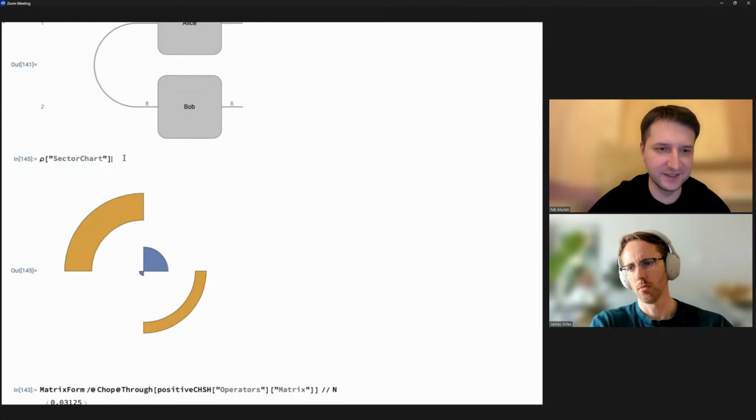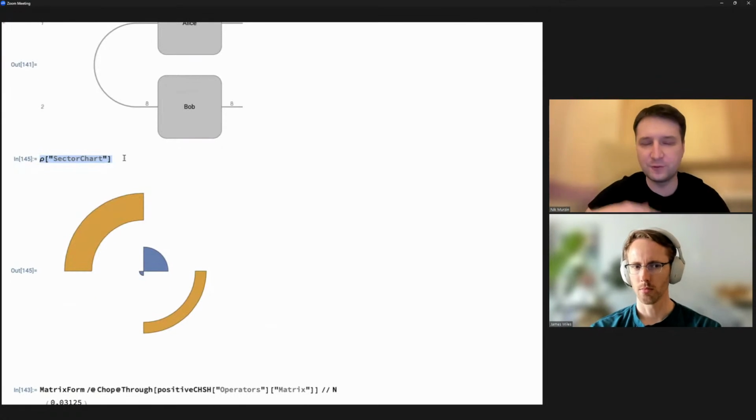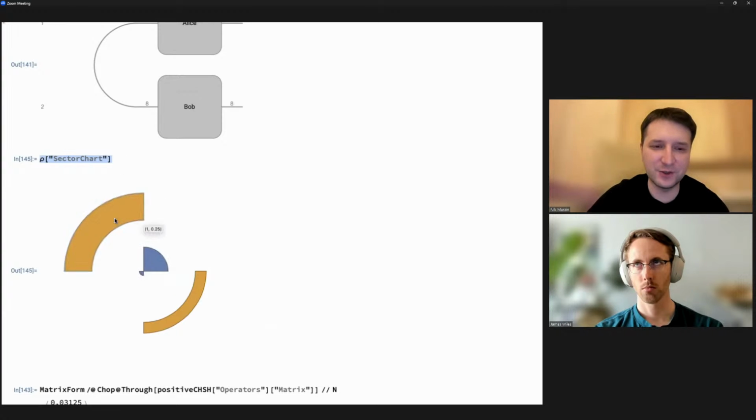Okay, yes. It's a nice visualization when you just go through this process of turning your quantum state into phase space using quasi-probabilities and then doubling your dimension again in order to encode your negative outcomes explicitly, right? You can now show the whole amplitudes as the sector chart with positive and negative explicitly.